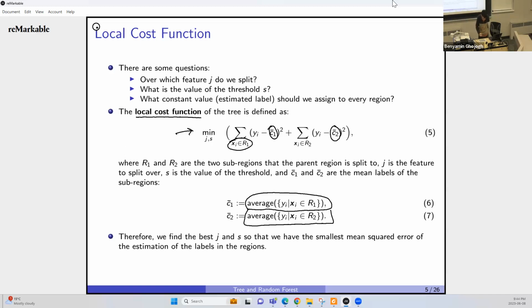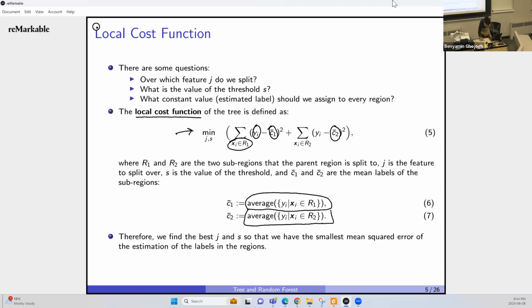It says, I want in each region my estimated labels to be as close as possible to the yi's. So I have an average label for every region. I want the labels of my points to be as close as possible to that average. Do you get it? So I have the least amount of error.